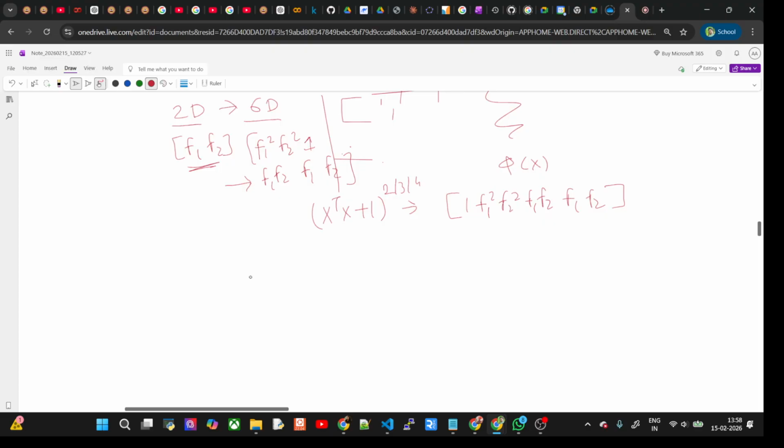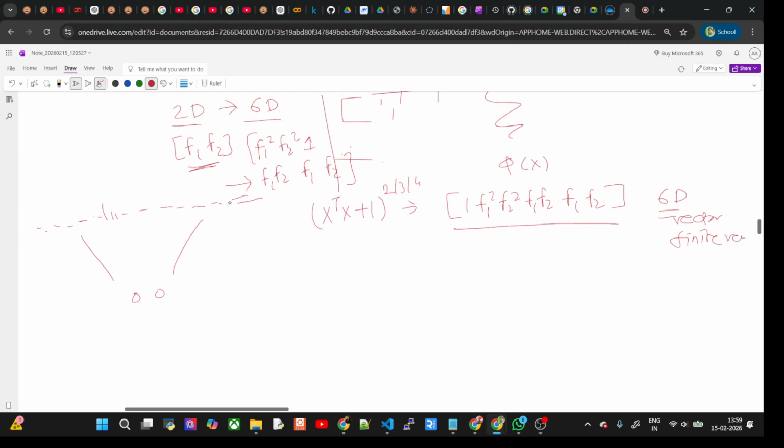Whatever you have in this polynomial kernel is limited. It is like an array of 6, a vector which is finite. But in the RBF, or Gaussian or exponential function, it is actually mapping your two-dimensional data into this unlimited infinite space.